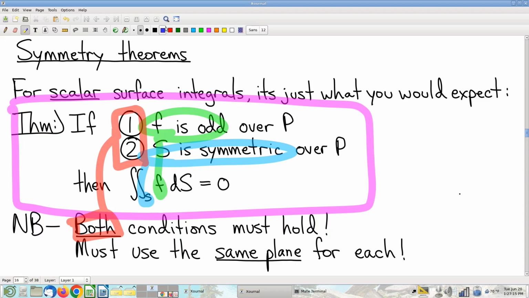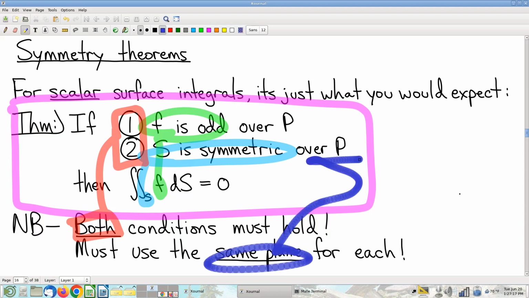And mind you, it's got to be the same plane for each of these conditions. But all that said, the integral is equal to 0. No slicing, no parametrizing. No resulting double integral that you have to anti-differentiate, and oh my gosh, all that ugliness. Just boom, 0. Totally awesome theorem.